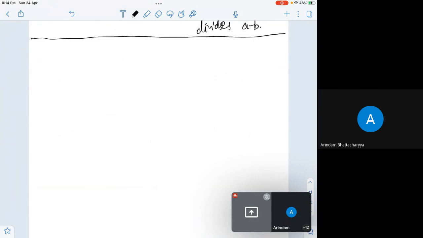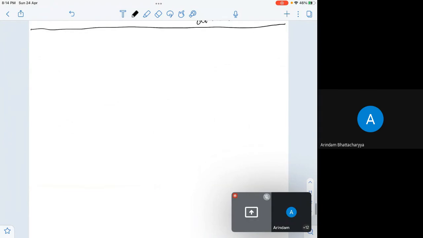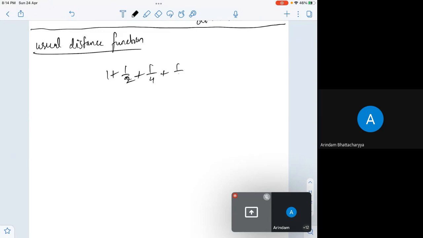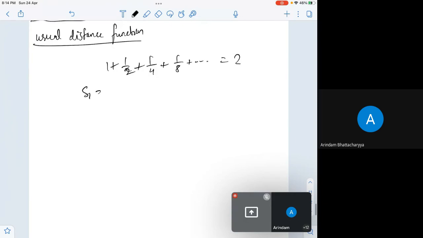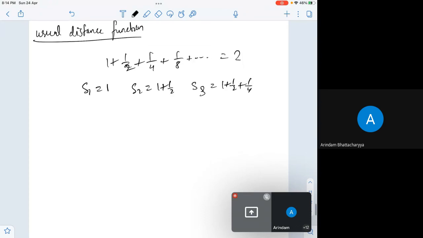Let's see. I'll end with this last example. Take the usual distance function, and suppose we want to show something. We define S1 to be 1, S2 to be 1 plus half, S3 to be 1 plus half plus 1/4, and we want to show that Sn goes to 2.